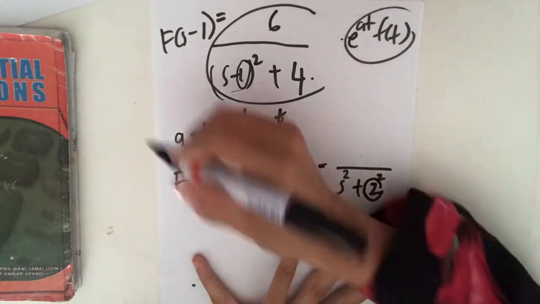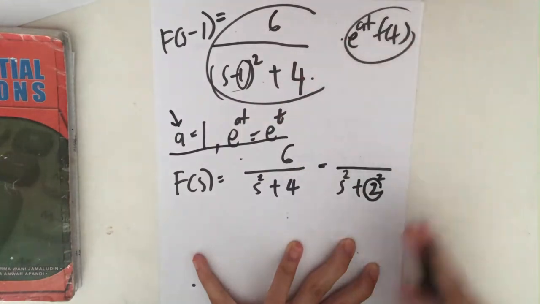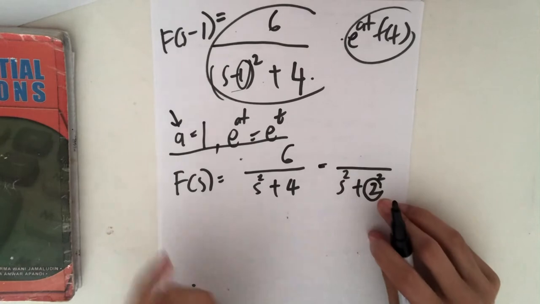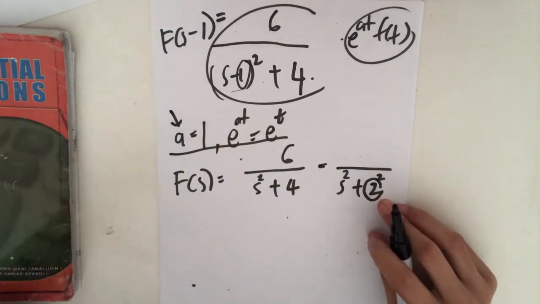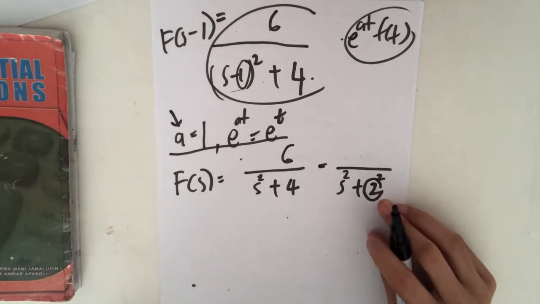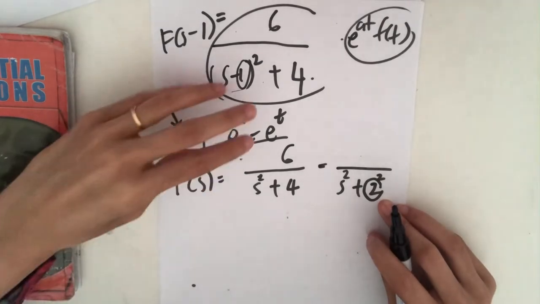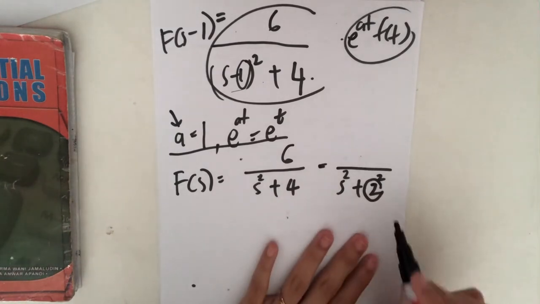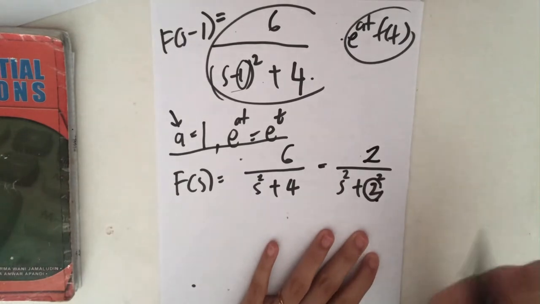The previous a was just for e^(at), that is settled, but now a here refers to 2. Don't mix up: this a is for sine or cos, a different function. Here it is 2, so this one also must be 2.